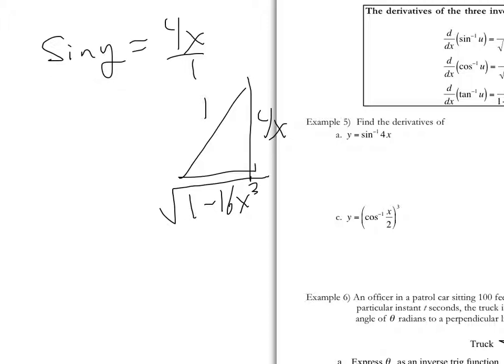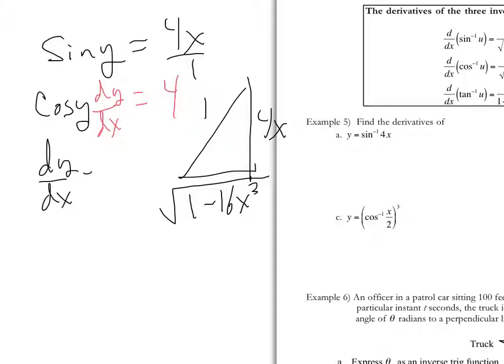So now we take the derivative of both sides, so the cosine of y times the implicit differentiation, dy dx, equals 4. Now I'm going to divide both sides by cosine y. So dy dx equals 4 over the cosine of y, which is the same thing as 4 times the secant of y.